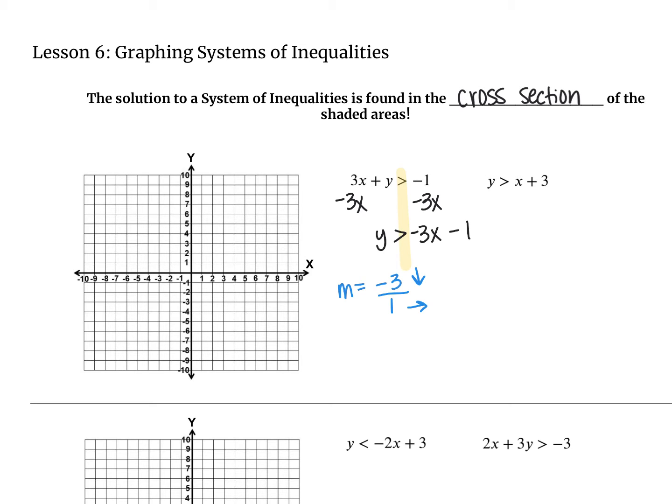Now let's look at our y-intercept, which is the b value. So b is going to be this -1. Just like we did yesterday, we are going to put this inequality on the graph. Let's start with the b value, the beginning point. Our y-intercept is -1, so we're going to put a point where y is -1 on the y-axis here.